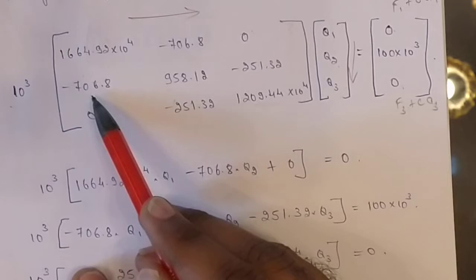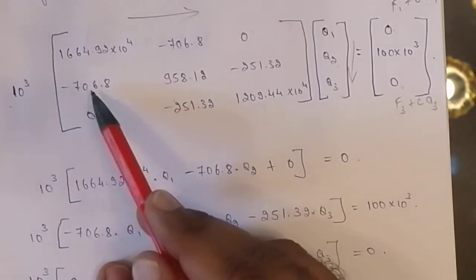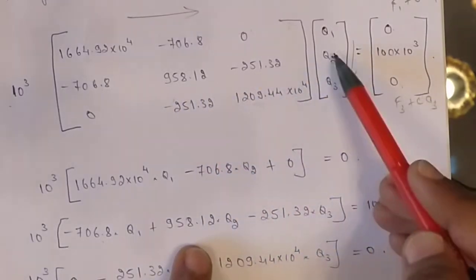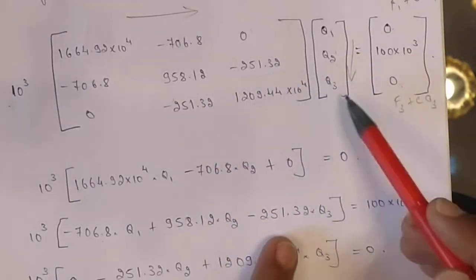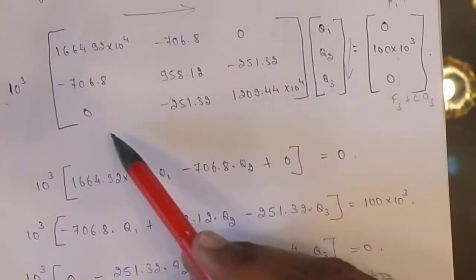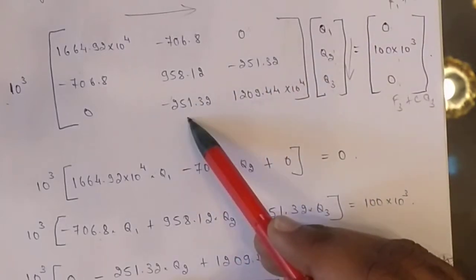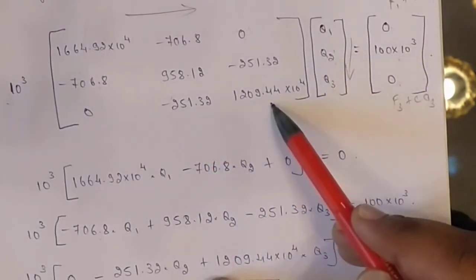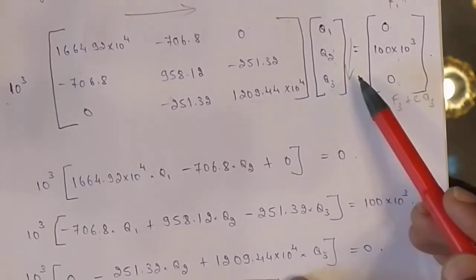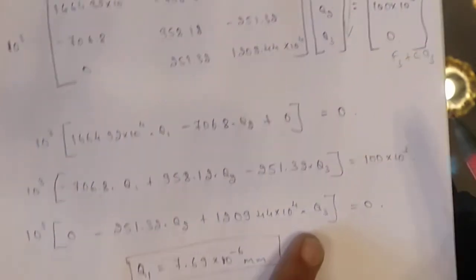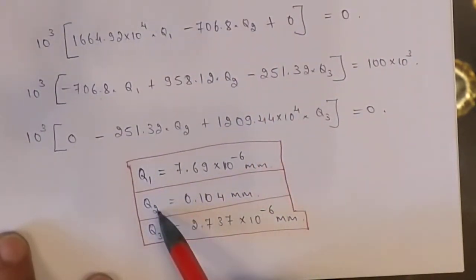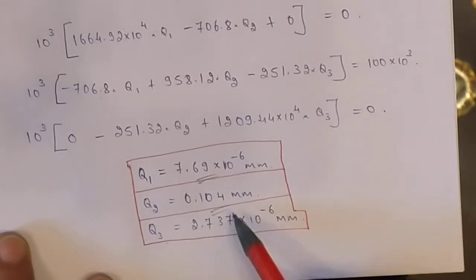Similarly, this one, minus 706.8 into Q1, 958.12 into Q2, minus 251.32 into Q3 is equal to 100 into 10 power 3. 10 power 3 common, 0 into Q1 is 0, minus 251.32 into Q2, plus 1209.44 into 10 power 4 into Q3 is equal to 0. Solve these three equations in your calculator, you will get Q1, Q2 and Q3 values.